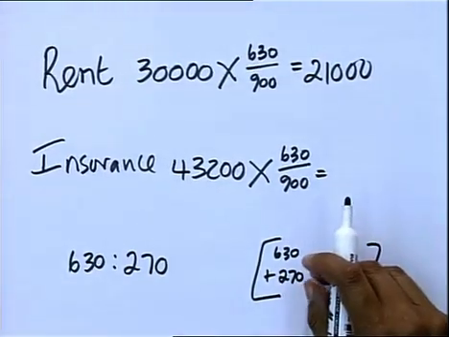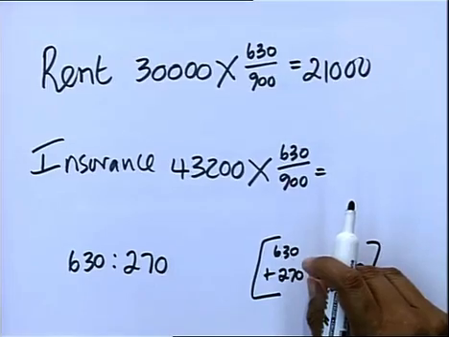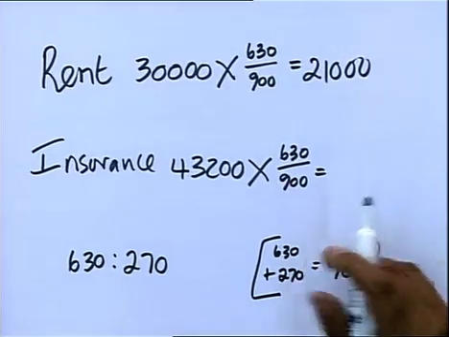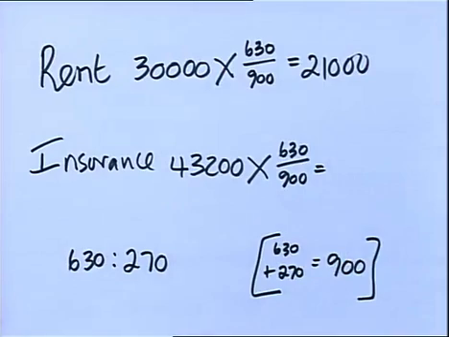Oops, did I take a wrong amount here? Monthly rent, and the annual insurance. Okay, so let's just work it out. Divide by 12. Okay, so we take 43,200 annual insurance times 630 divide by 900.